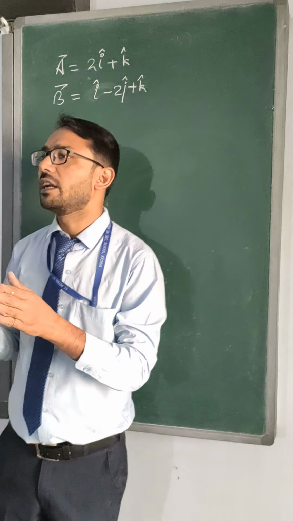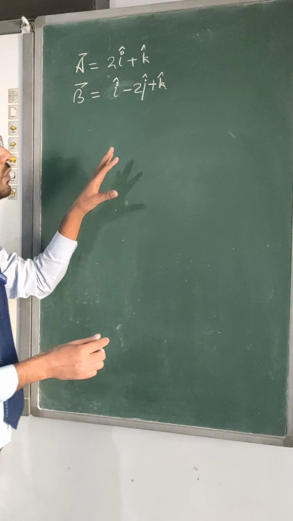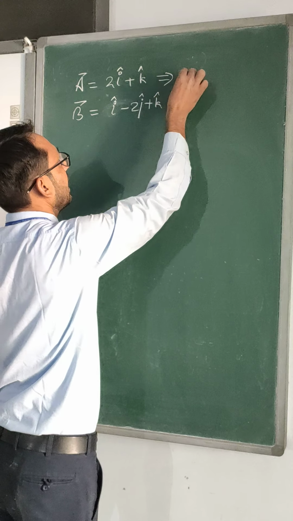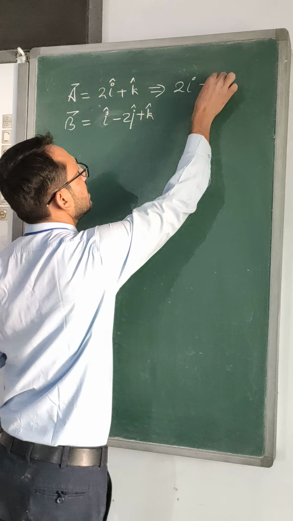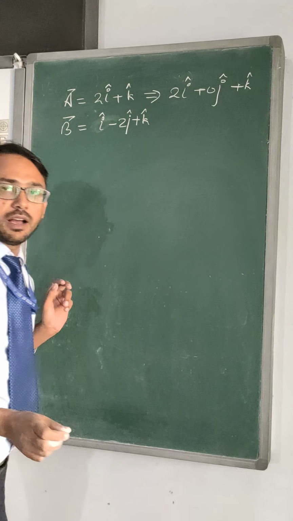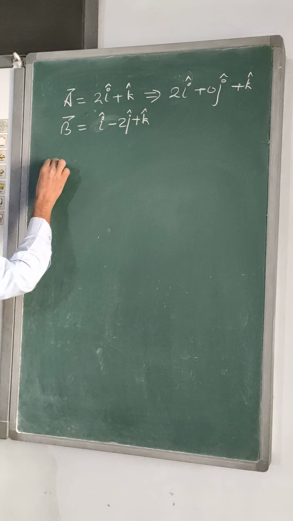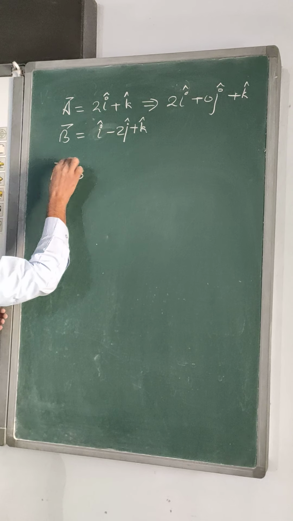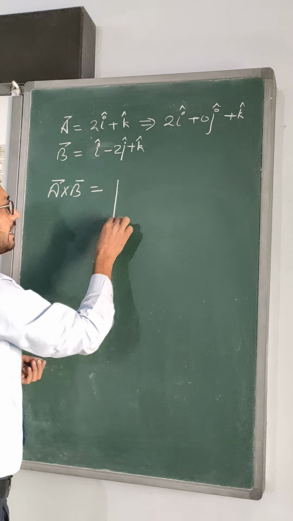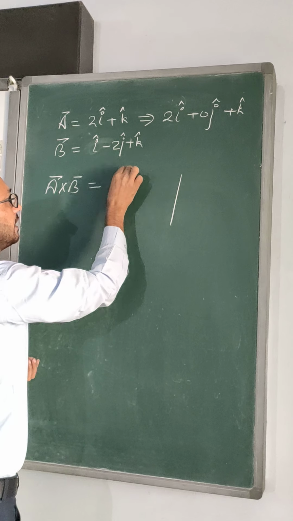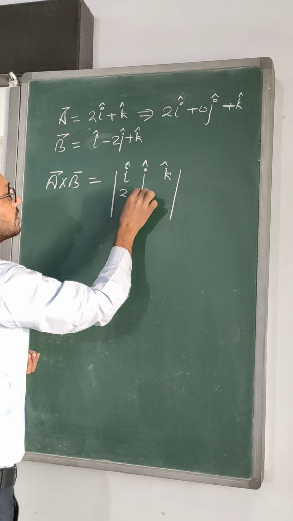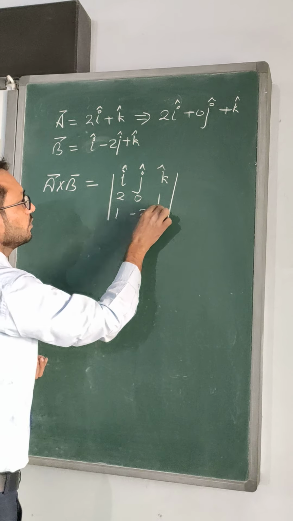See, now we are going to calculate the cross product of these two vectors. Vector A is equal to 2i plus k, which could also be written as 2i plus 0j plus k. Now we are going to calculate A cross B. As I have taught you already, A cross B is the determinant of the two vectors. So the determinant is i j k, 2 0 1, 1 minus 2 1.